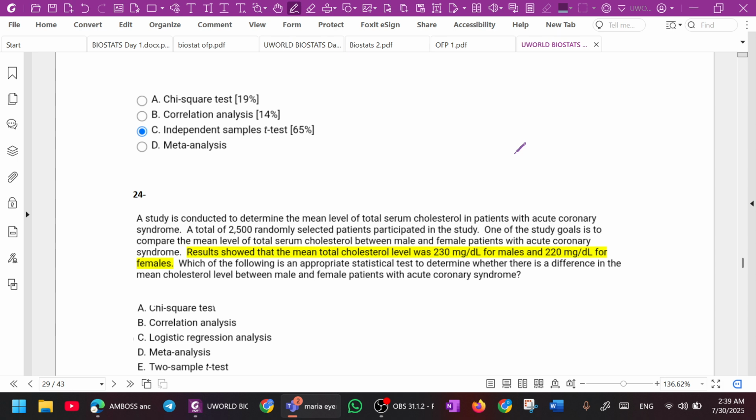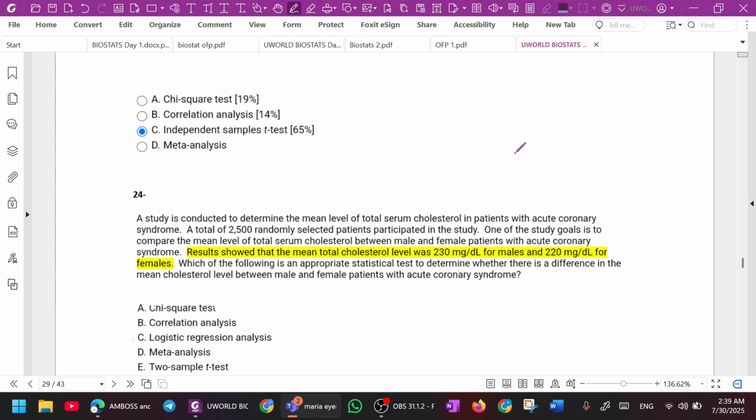Correlation analysis is when one goes up and the other goes down. Okay, got it. Why is it not regression? I don't know why it is not regression. Okay.